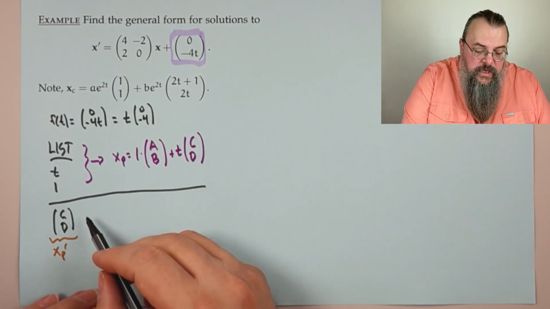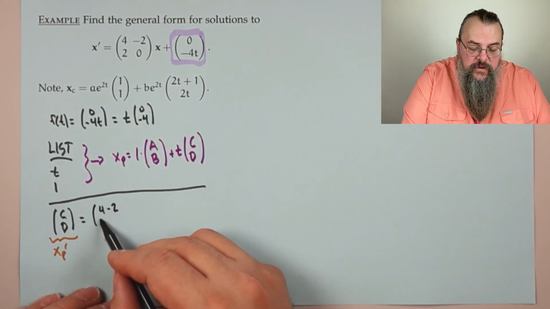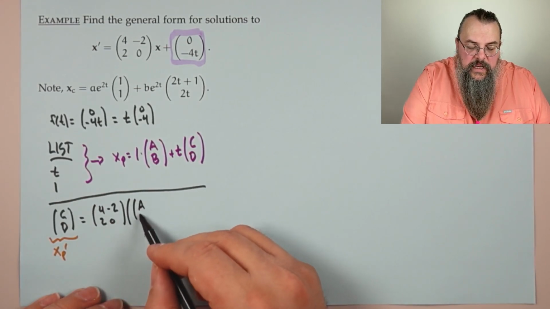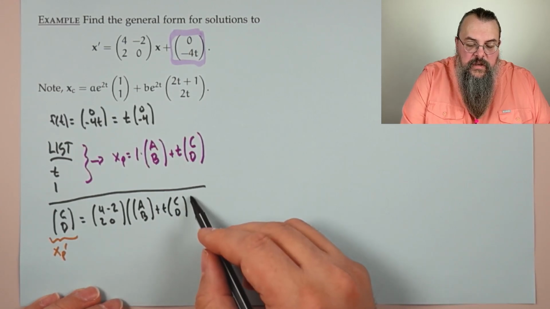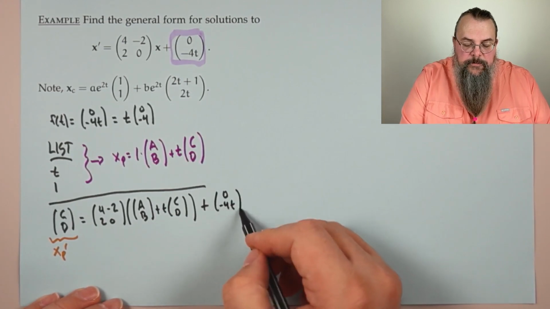All right, this will be equal to our matrix [[4,-2],[2,0]] times our vector (a, b), plus t times the matrix [[4,-2],[2,0]] times the vector (c, d), and then we add that to (0, -4t).